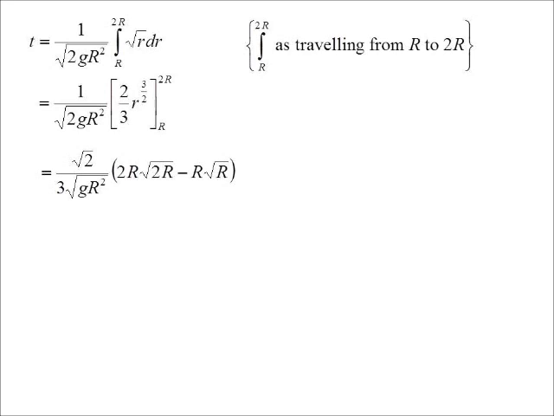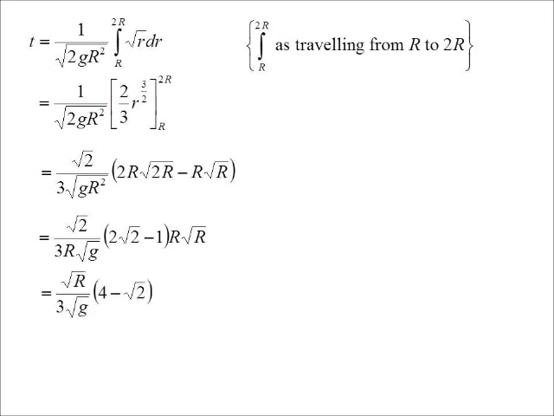So I'm getting close to what they want. I've also then cancelled the root 2 into the 2, and I've got root 2 on the top. 3 I've brought across. I've factorised out R root R. And so if I factorise out R root R, I'm left with 2 root 2 minus 1.